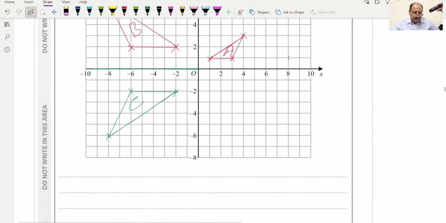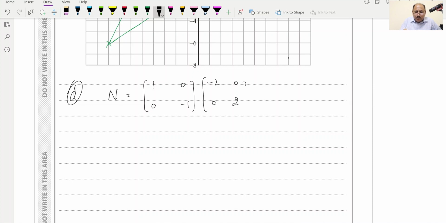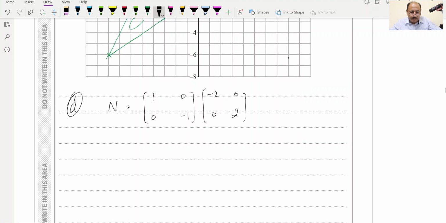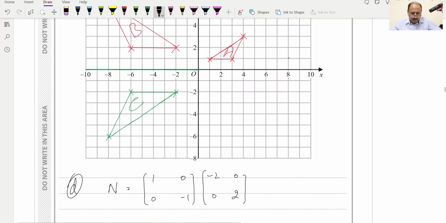We can take N as, for example, D part we can solve over here, and N we can take as 1 0 0 -1 and -2 0 0 2. This we can take as the matrix. So we will be checking what the net matrix will be.